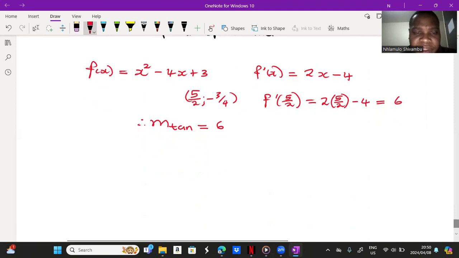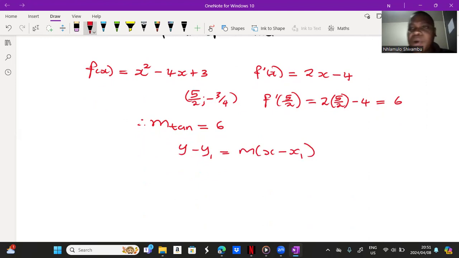So we're going to have y minus y1 equals m, which is the gradient, times x minus x1. So y1 and x1 is a point in the Cartesian plane that we're going to substitute. We substitute the point of contact, because that's the given point of the tangent.